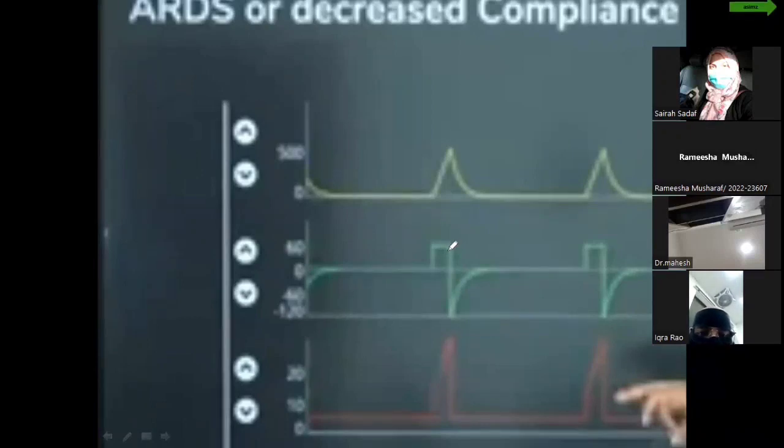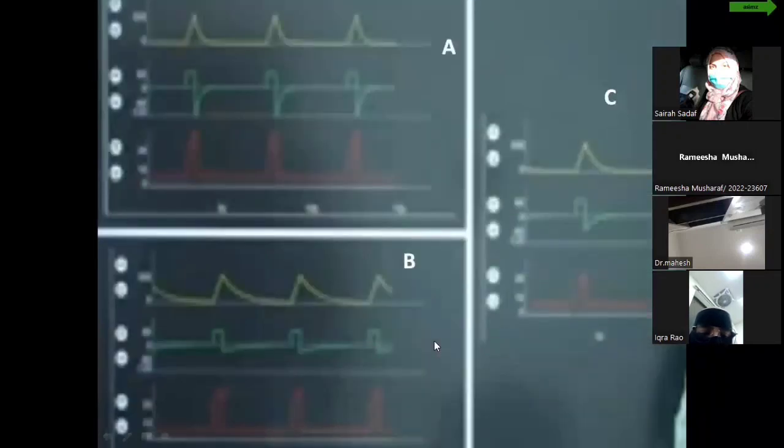There will be a very rapid, very sharp fall, because the lungs are so stiff that they will push out the air very fast, very rapidly, and it will reach the peak, the PEFR. And very little volume will be left inside the lung, and it will be empty very early. Now I will show you all three, and you will tell me which one is which.